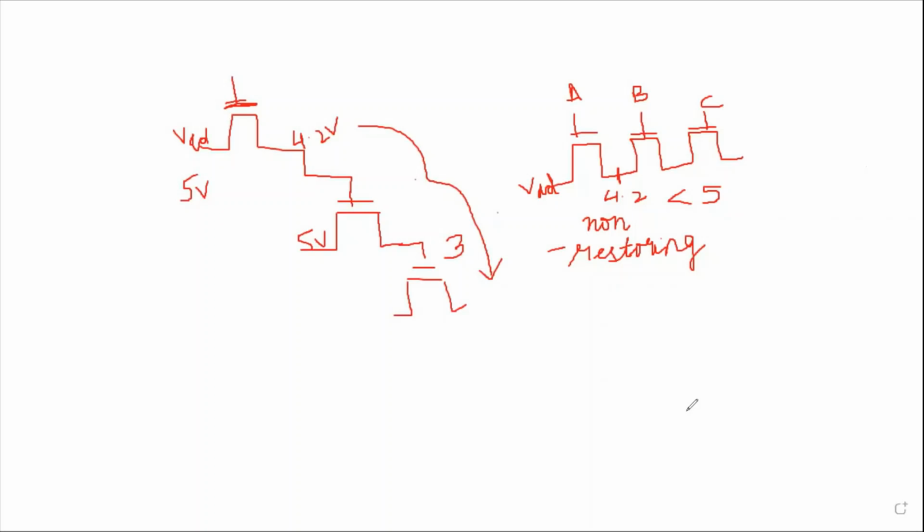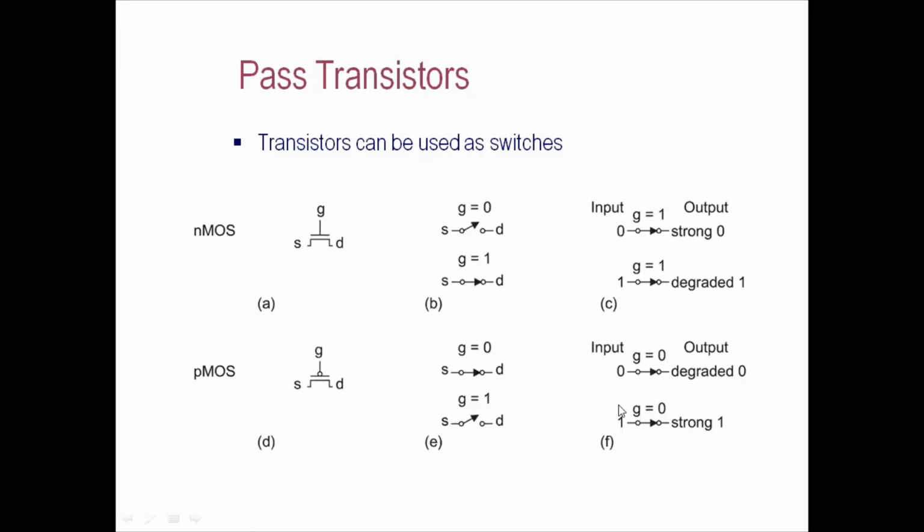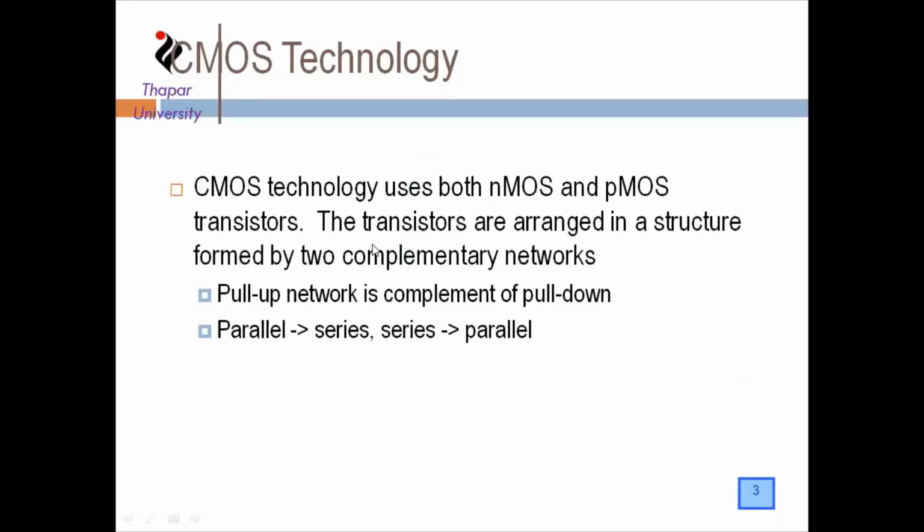So now from this discussion, we have been able to identify that NMOS is going to be an ideal candidate for pull down, and PMOS is the ideal candidate for pull up. So this gives rise to my structure of CMOS, which uses both NMOS and PMOS.